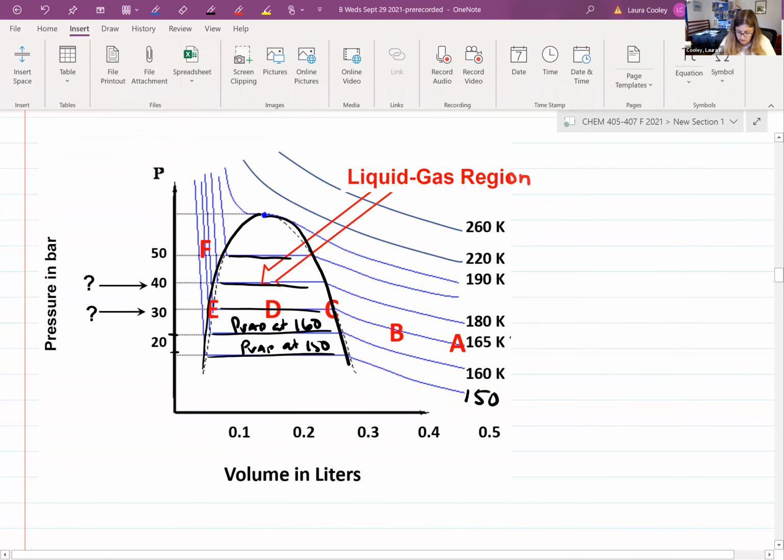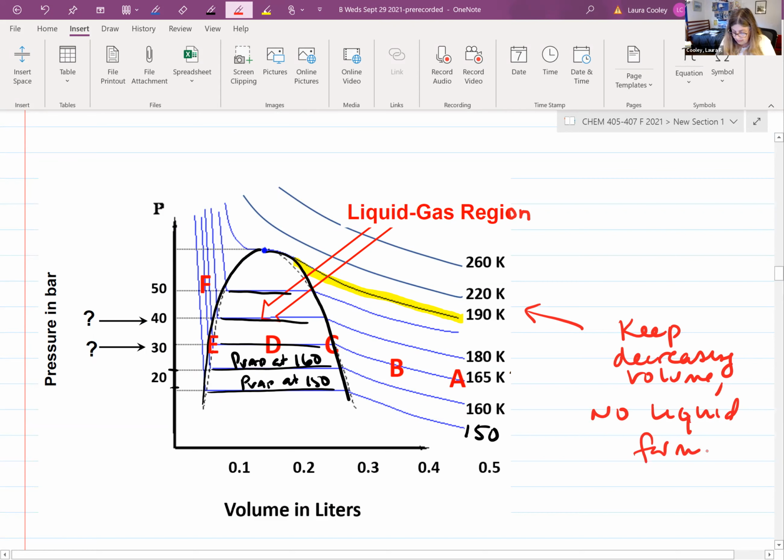But there's no liquid gas region there. So what happens at this temperature is as you keep decreasing the volume, no liquid forms, and that's regardless of the pressure.